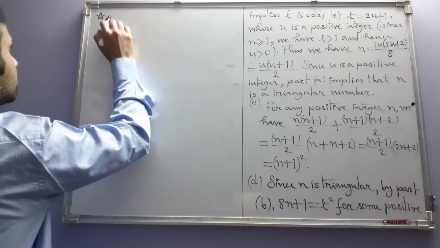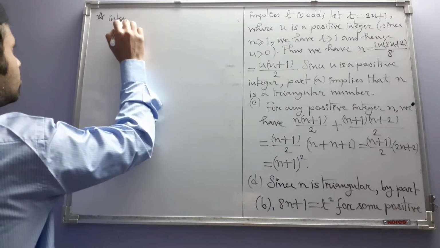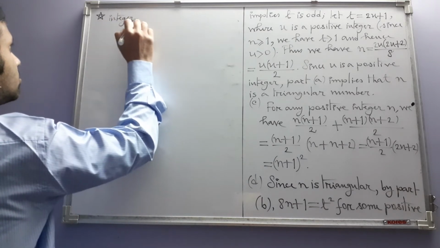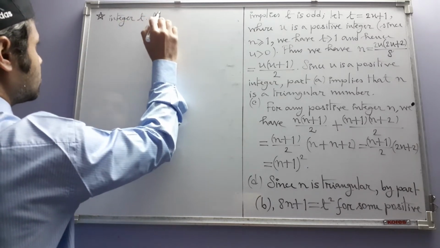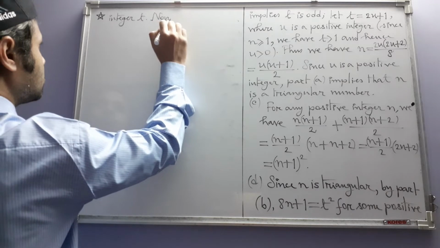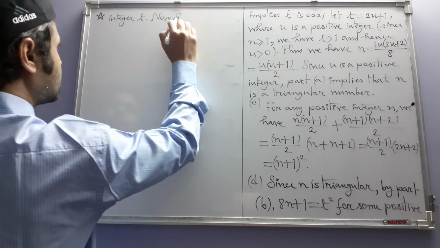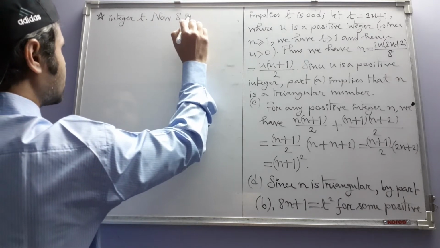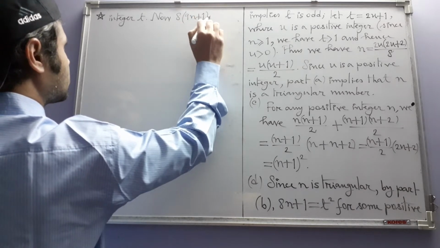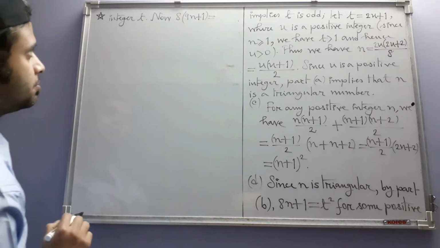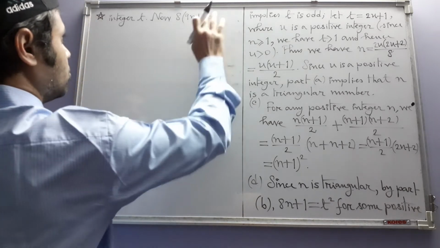For some positive integer t. Now 8 times 9n plus 1 is equal to what?